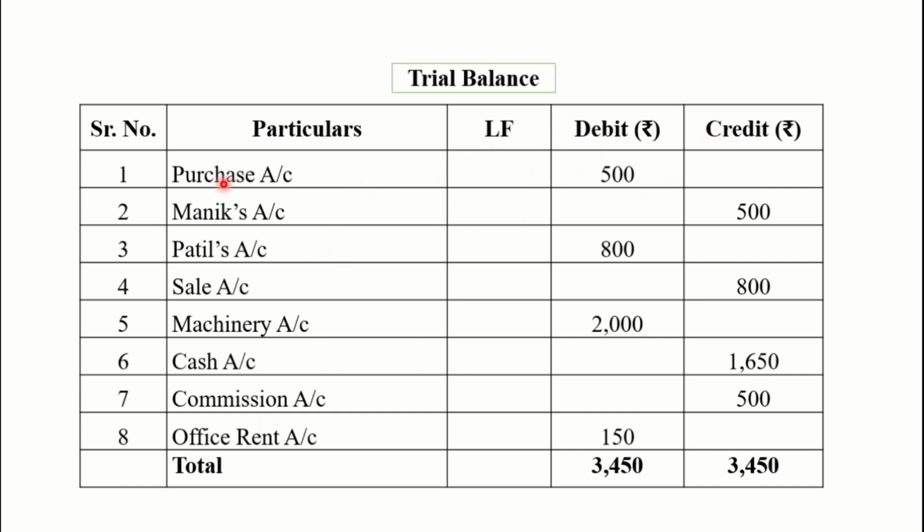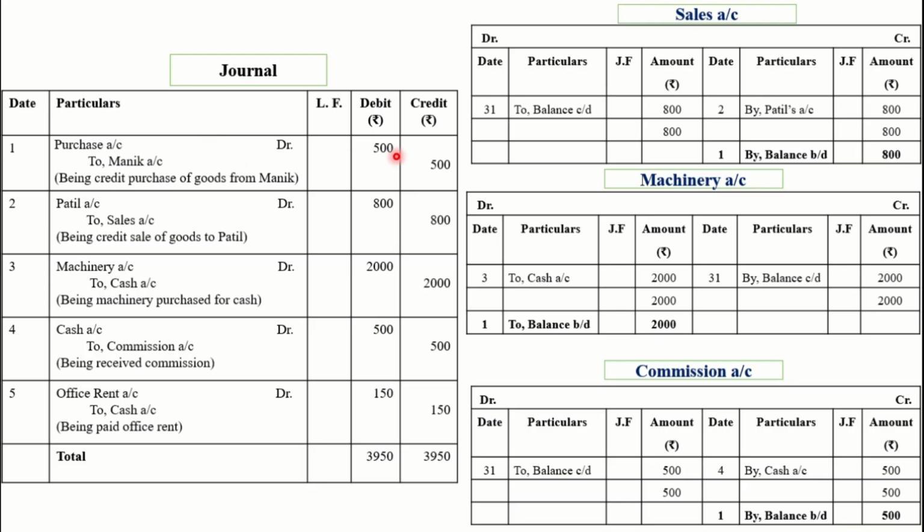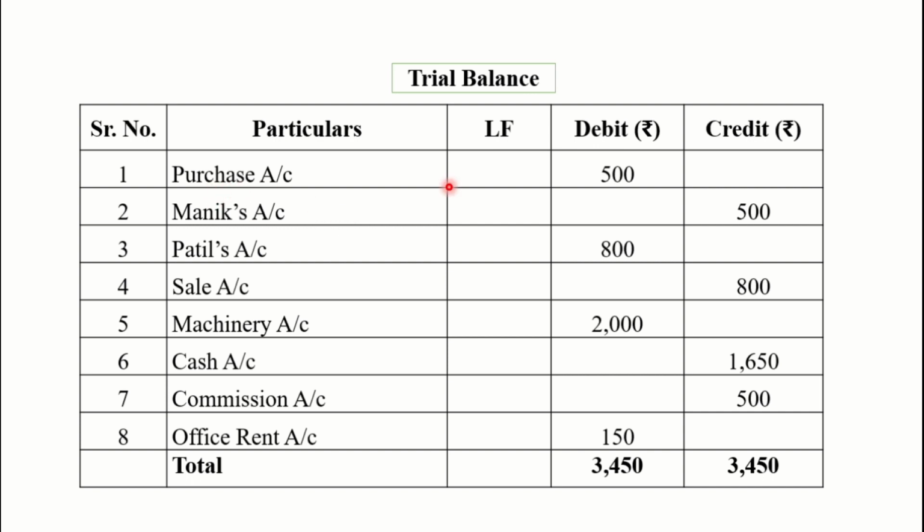See, in the purchase account ledger, the brought down entry is on the debit side. That's why in the trial balance we record the purchase account on the debit side. You can see here 500.